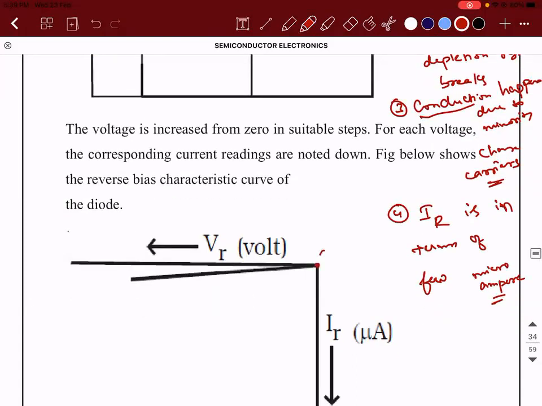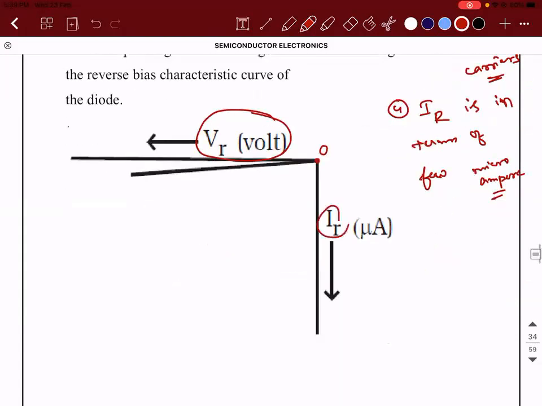So initially you start at 0. Voltage is taken along the x-axis and the current is taken along the negative y-axis. I'll tell you why it is taken like that. When you start increasing the value of voltage, the reverse current is almost 0 till a particular value, beyond which there will be a sudden increase in the value of current.